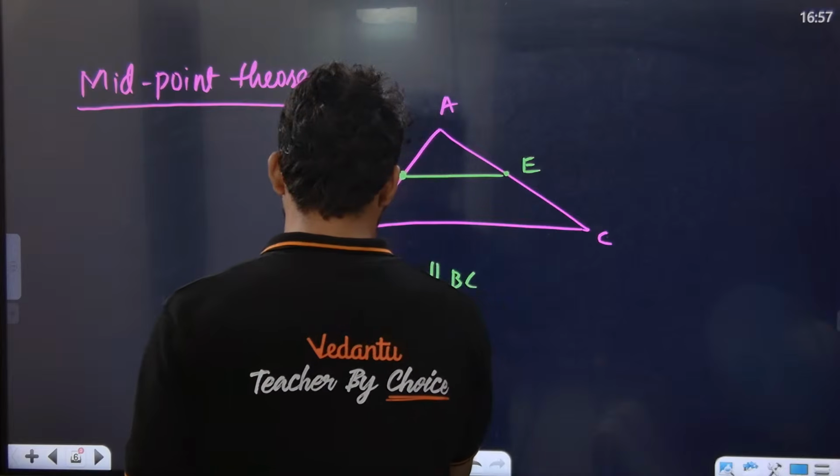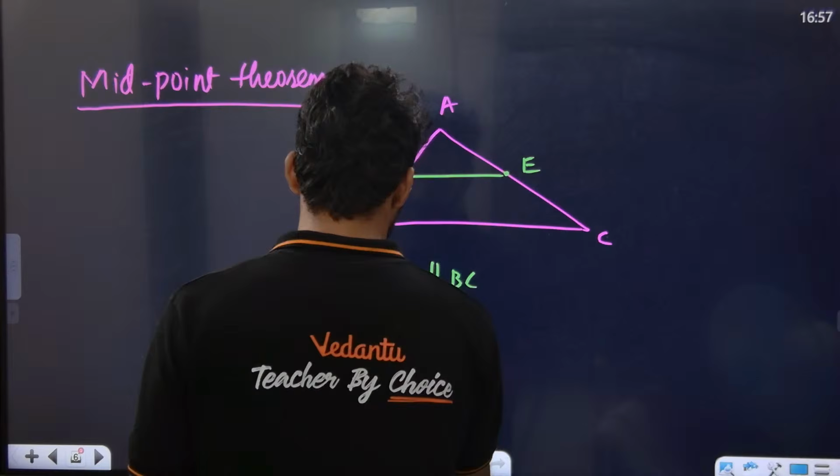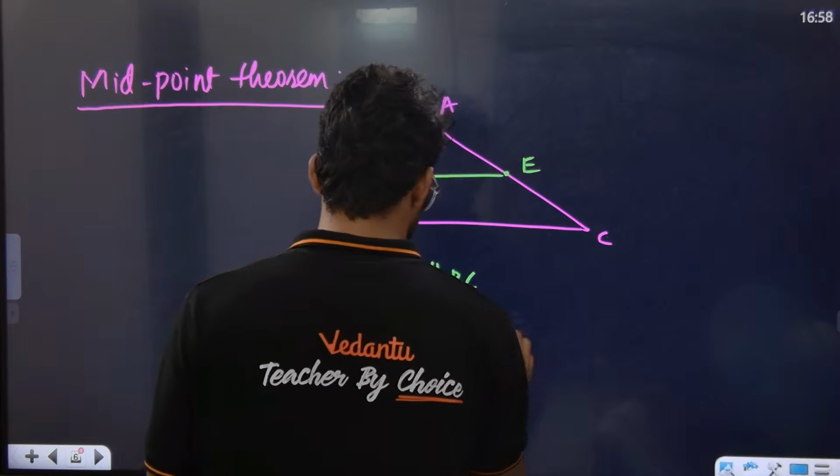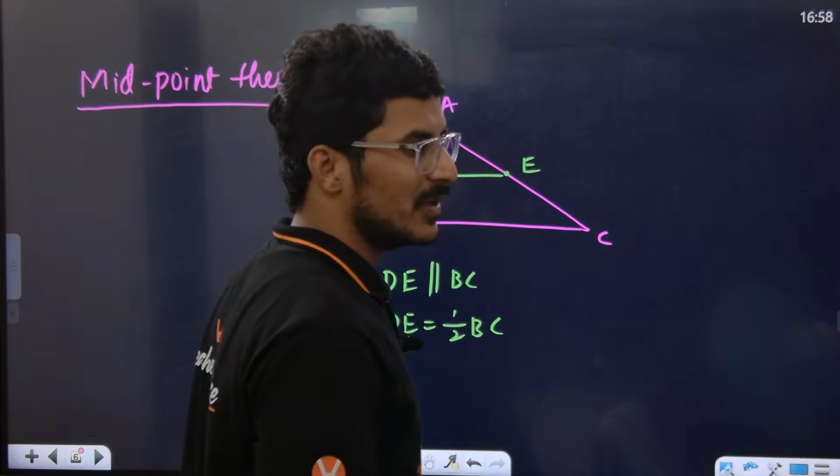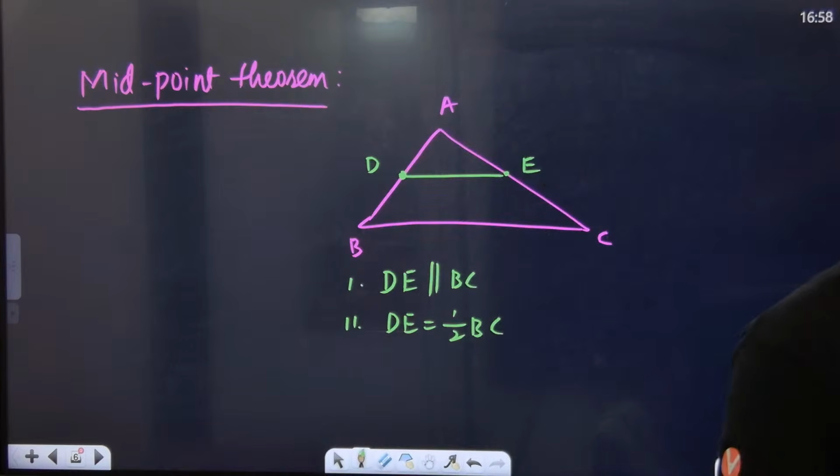That is point number one. Point number two, DE will be equal to half of BC. Do you agree with my point? DE will be half of BC. Can you see the board, everyone? Are you all getting the point?